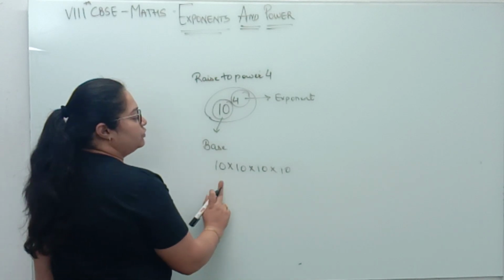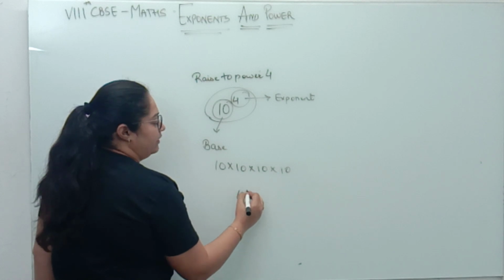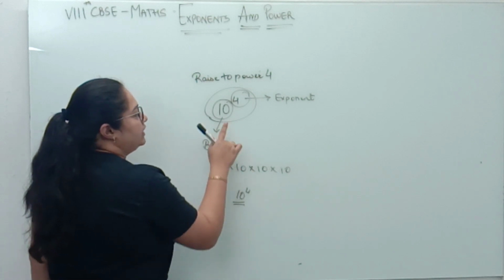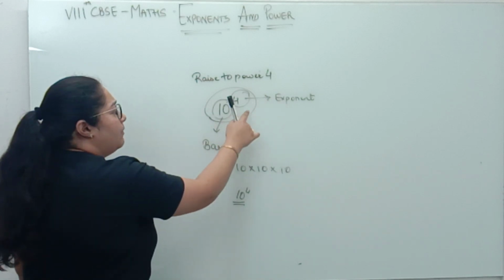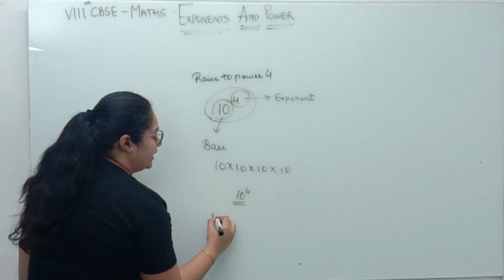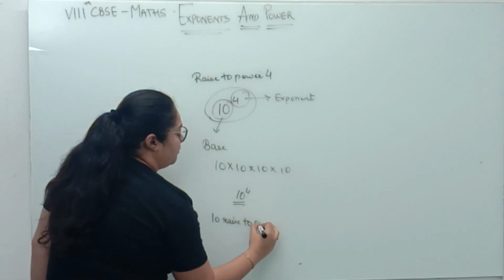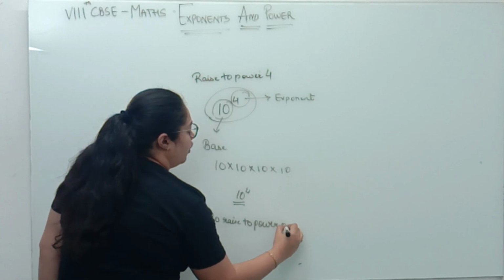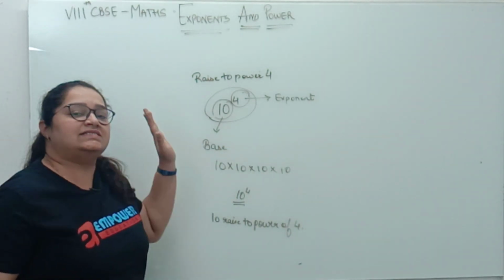So how many times did you multiply 10? 1, 2, 3 and 4. So 10 raised to 4. Here 10 is the base and 4 is the exponent. The above thing can be said as 10 raised to the power of 4.